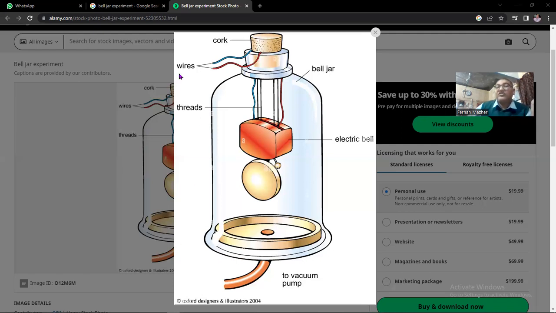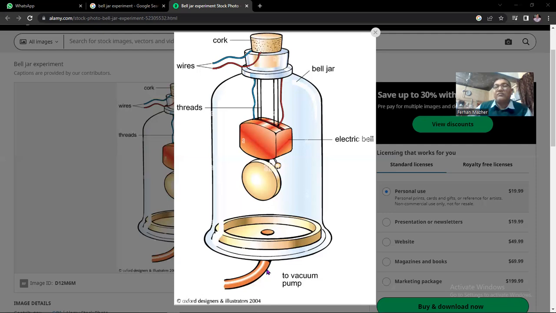And when we switch on the electric bell, you can see this hammer. It will strike this gong, and you will also hear the sound of the bell. Keep the bell ringing. You will see the hammer striking the gong, and then switch on the vacuum pump.